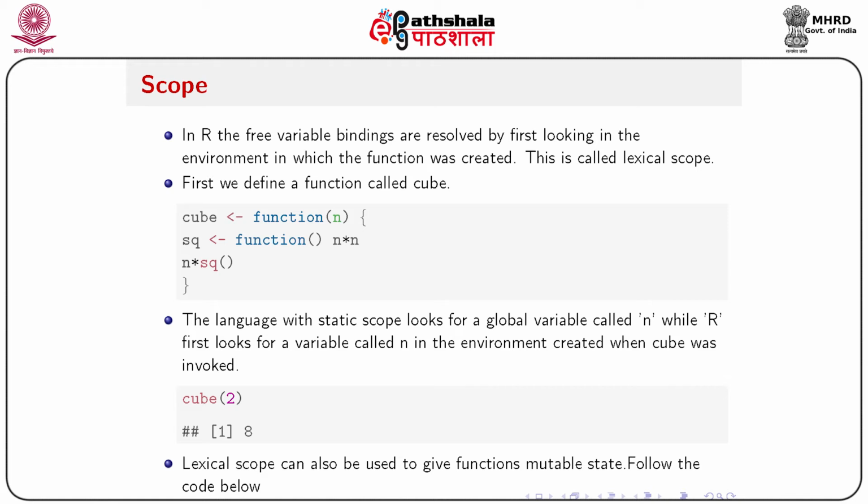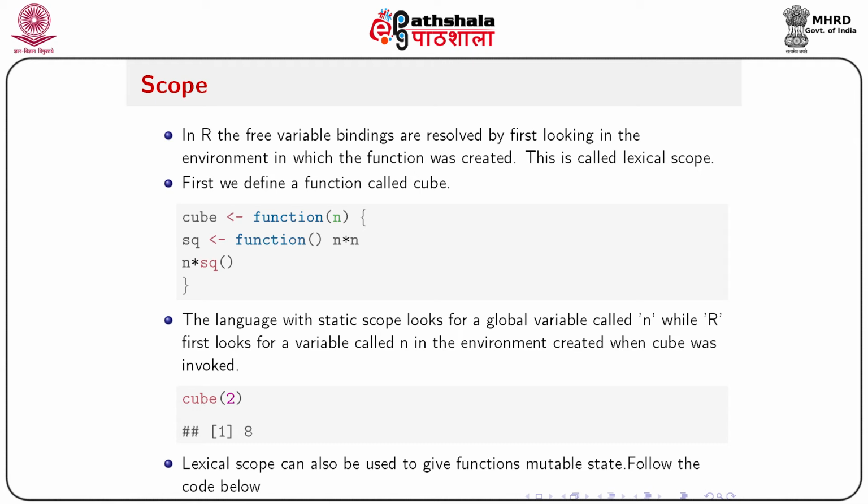First we define a function called cube, cube function n, and the square function I'm defining within that is square n into n, and n into square. When you're defining the square, n is already defined, so we can easily use it there itself. So it looks at the environment where n is already defined by the cube function, so you can call it anywhere even if n is not at all a global variable.